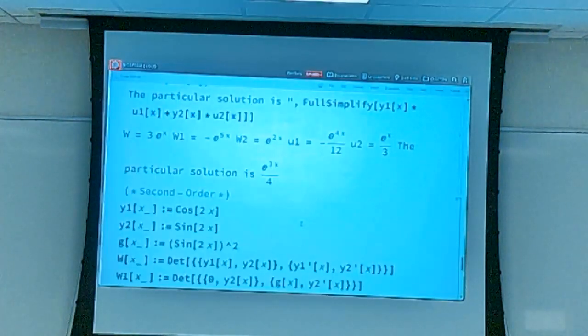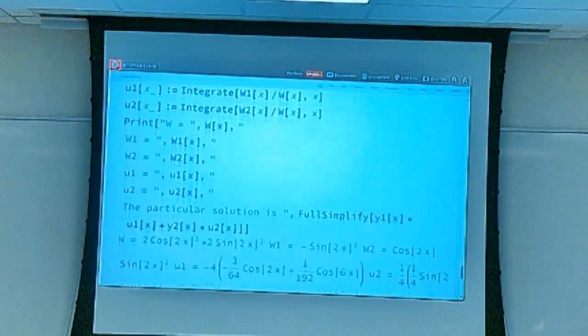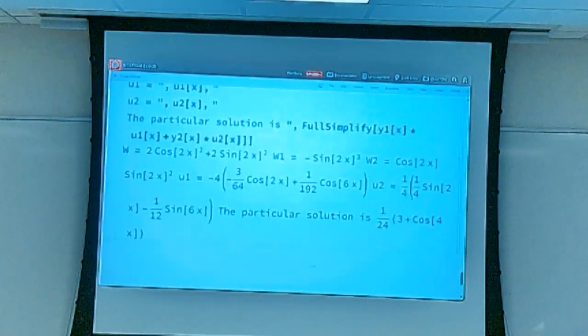I don't think you need the parentheses. I'm just going to put them there to be safe. And that should be the particular solution.